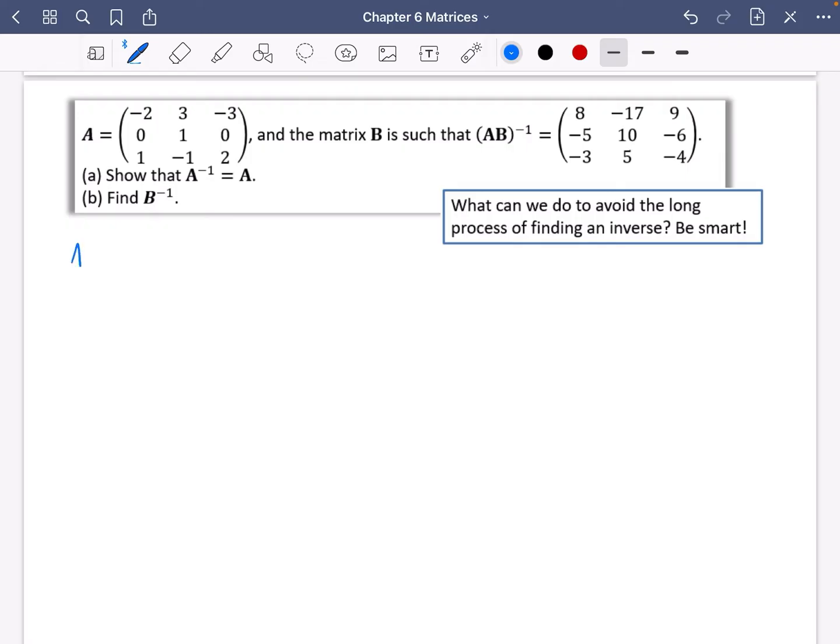So first of all, do you remember we mentioned this earlier on? If A inverse is equal to A, then A is self-inverse.